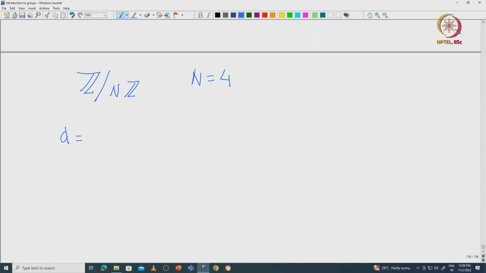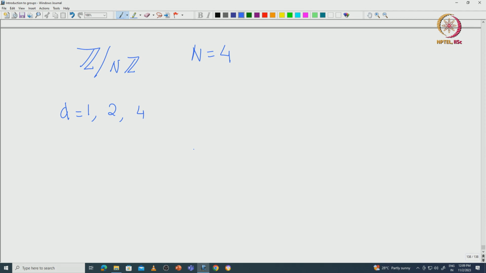So, d equal to 1, 2 and 4 you have a subgroup, and if you take this 1 plus nZ, that is the generator. Then for given d you have to take n by d. So, that is the subgroup generated by this.